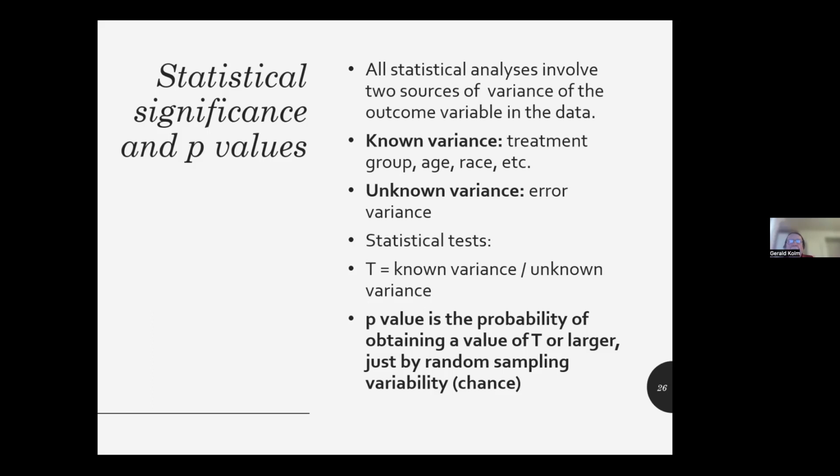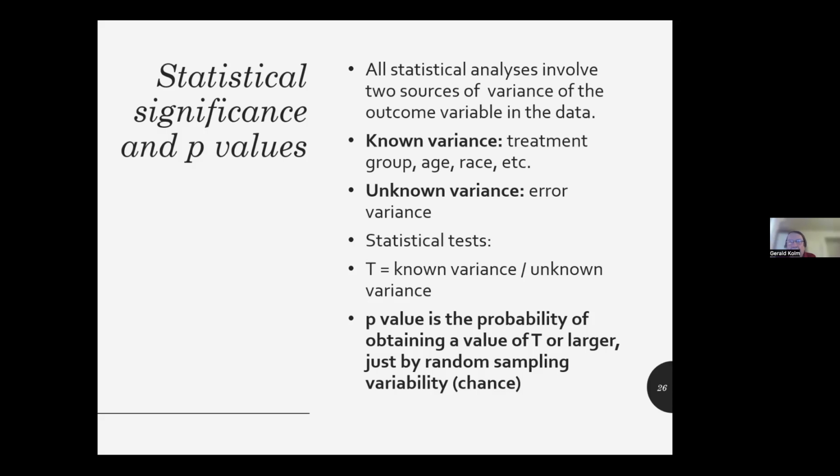As probably most everyone is familiar with, the most common p-value used to define statistical significance in most areas of the research literature is 0.05. What that means is that if you get a p-value of 0.05, the probability of getting a t statistic or a larger one just by random sampling variability is only 5 out of 100 chances.